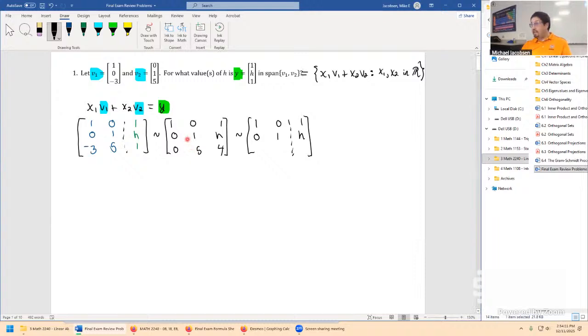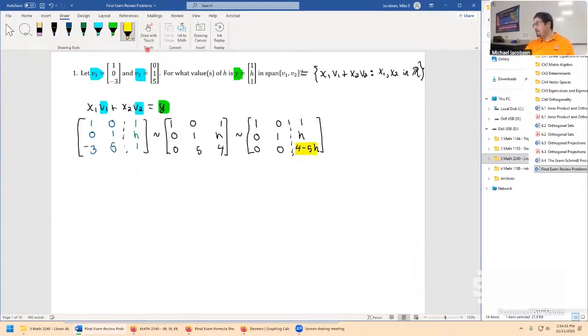Multiply by -5, add to the row below, and we get 0, 0. And let me include a little bit extra space here. We're multiplying by -5, so this is going to turn into a -5h. So 4 minus 5h. And now it's in an echelon form.